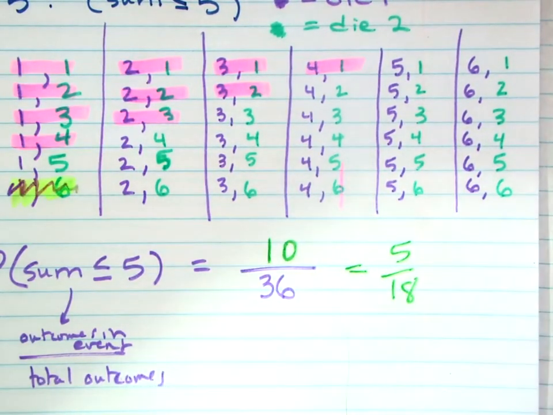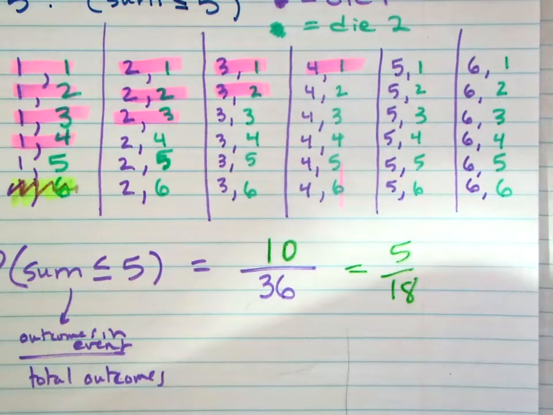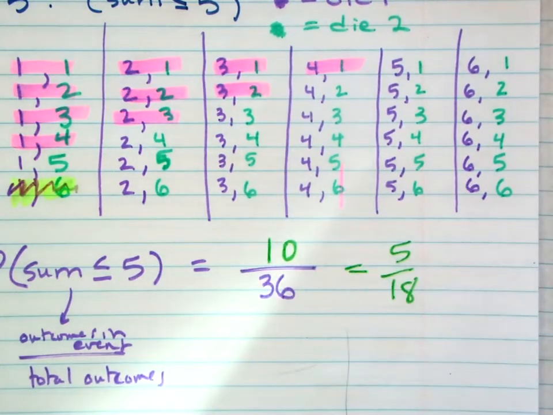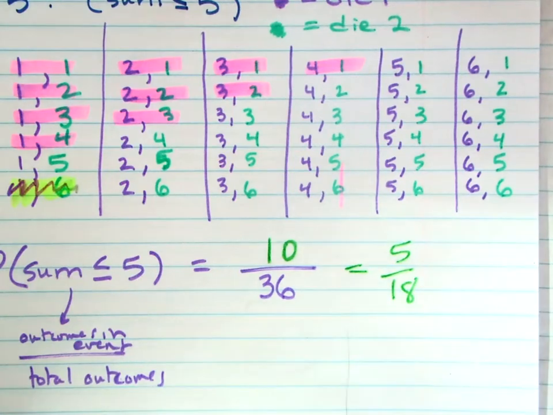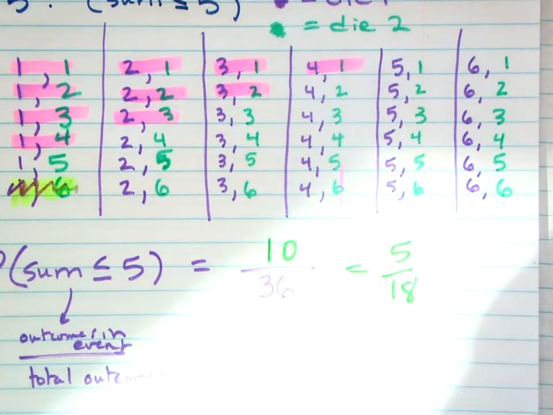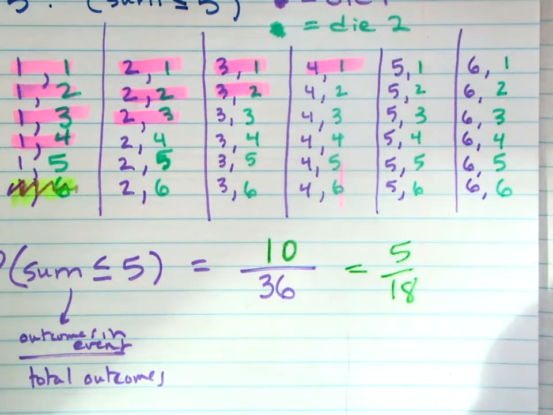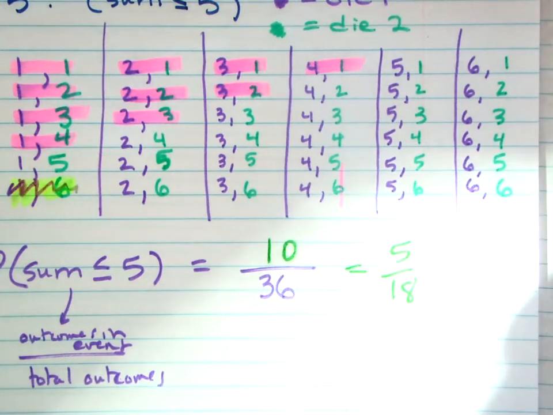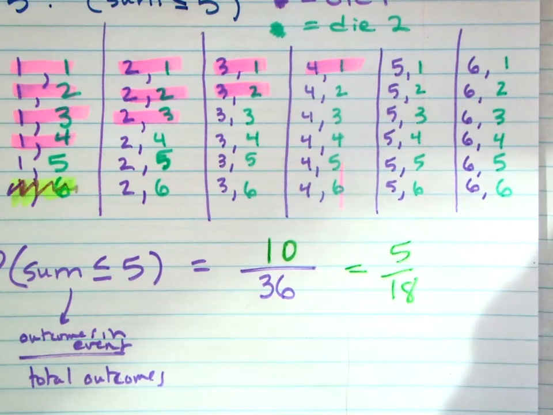So if we wanted to calculate that in decimal or percent form with a calculator, we would just take 5 divided by 18, which in just a second here, because I seem to have managed to not be able to find my calculator.